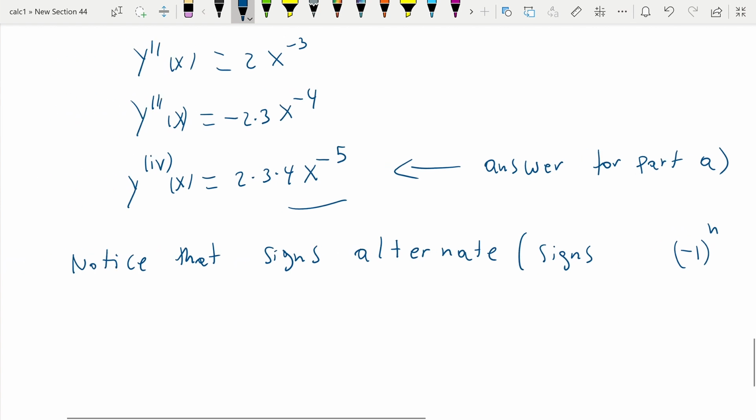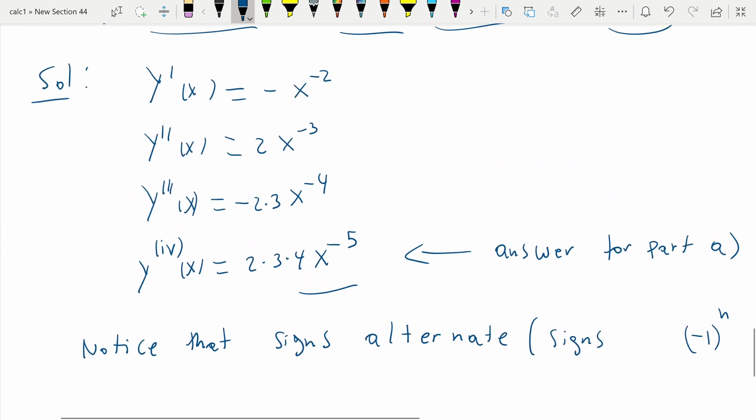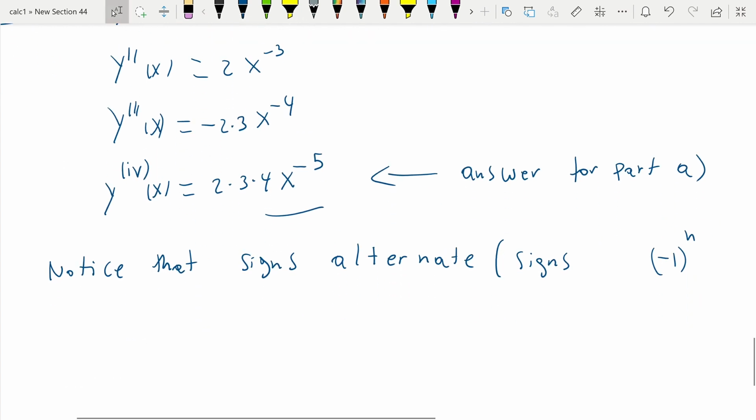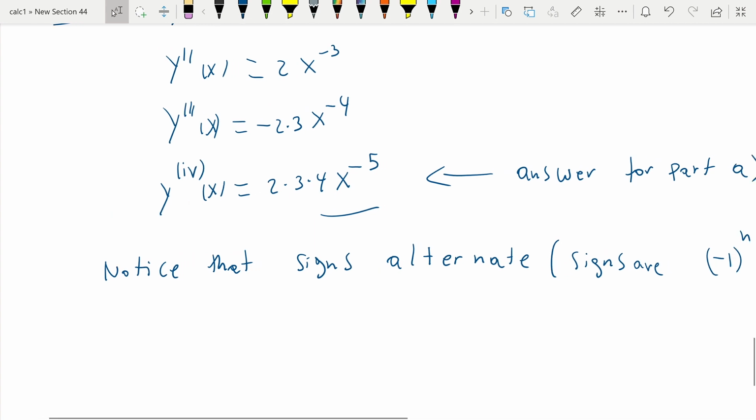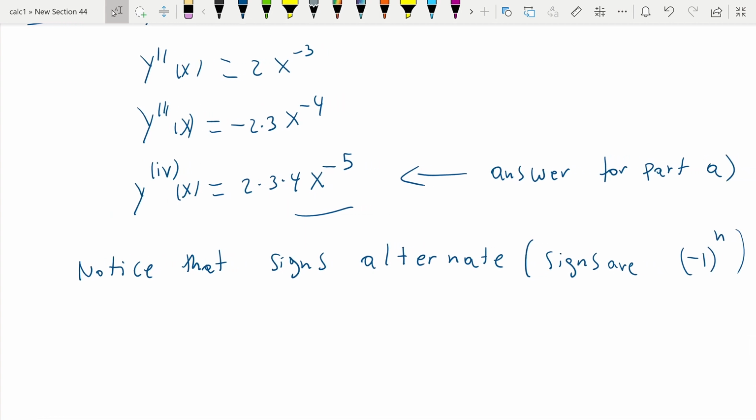So you see, because also when n is even, you get 1. So -1 to the 1 is -1, which is exactly the sign here. -1 squared is just 1, so we get a plus. Then -1 cubed gives us a minus, and then -1 to the 4th gives us plus again, so the signs are -1 to the n for every n, right? That's the first thing you want to find for the general formula.